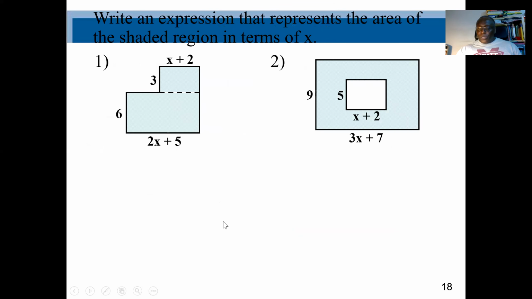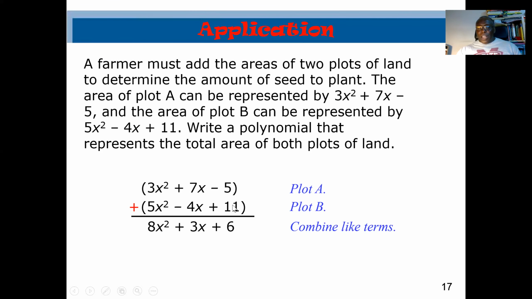Then the constants, minus 5 and 11, the terms are the same, so we combine. Positive 11 and negative 5. Since the signs are opposite, we find the difference, which is 6. And it's positive because 11 is bigger than 5, and 11 is positive.